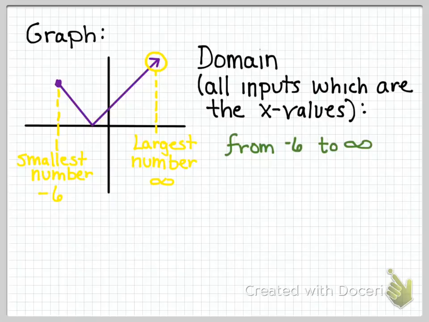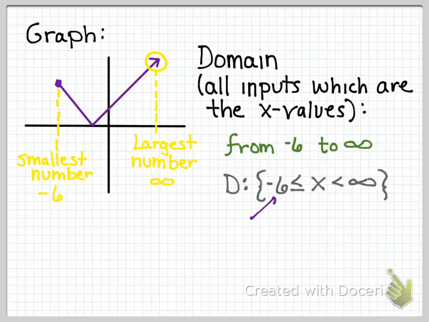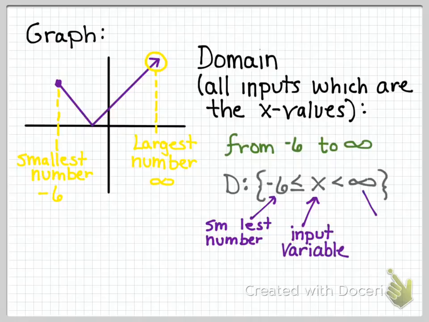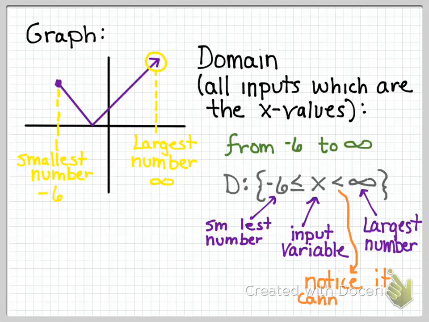Now again, using our domain notation that we learned in the previous slide, we would write this as domain is the set of numbers going from -6 to positive infinity, and we write this using this form. We'd write down the smallest number, then we'd put the x in between, and then we'd have the largest number.